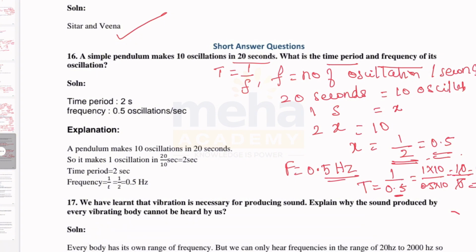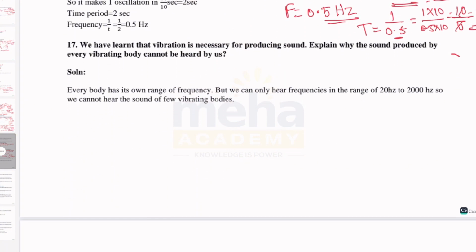So next question. We have learned that vibration is necessary for producing sound. Explain why the sound produced by every vibrating body cannot be heard by us. Because the human audible frequency range is between 20 hertz and 20,000 hertz.